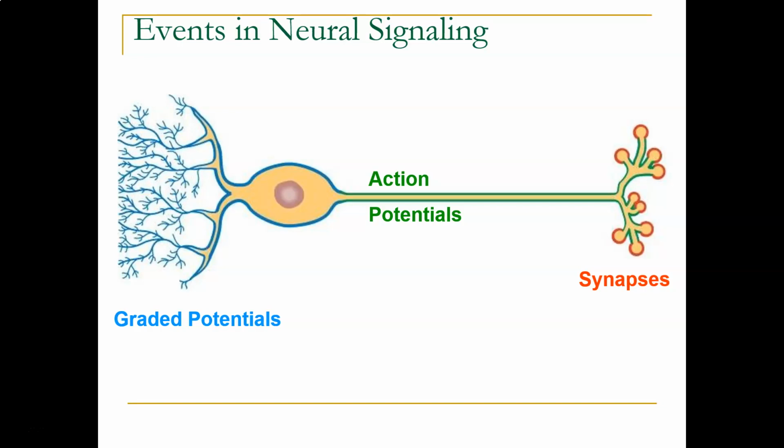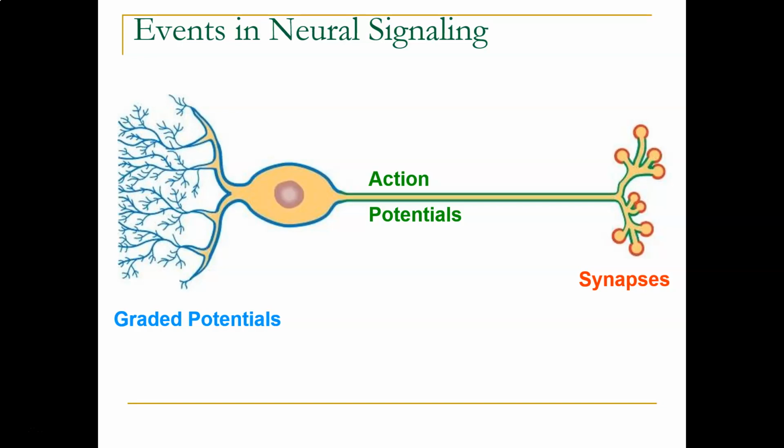But they're not the same ion gates as you find in the axon. Some of them are sodium gates, some are potassium gates, but there also might be calcium gates, chloride gates. So there's quite a bit of variation. We're not going to worry about that in this class, but you do need to know that there's some kind of ion gates there.